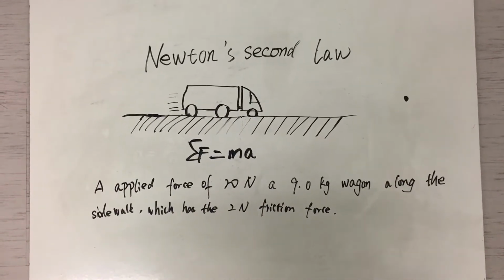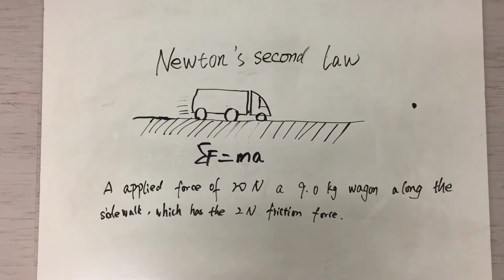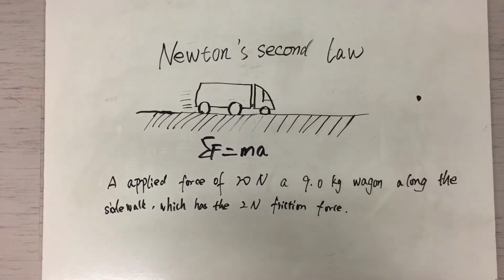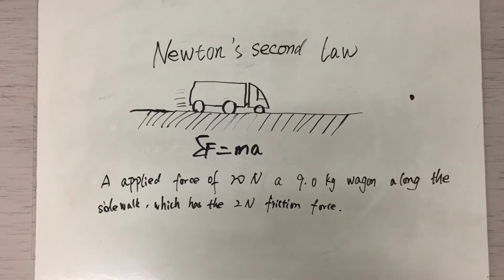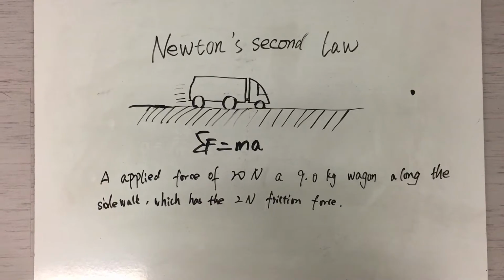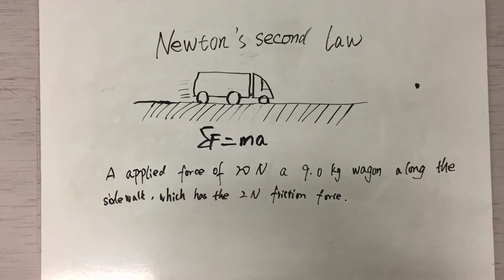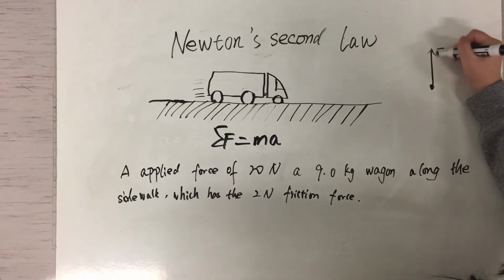An applied force of 20 newtons pulls a 9 kg wagon along the way, which has a 2 newton friction force. Because the applied force is 20 newtons and the friction force is 2 newtons, the wagon is accelerating. So this is the Fn.